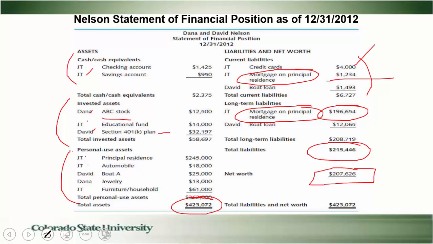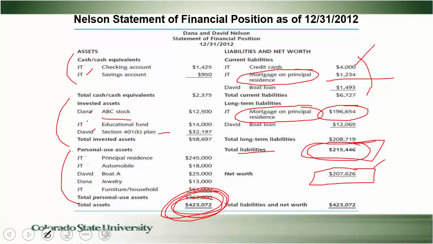So the net worth of Dana and David currently at the end of 2012 is $207,626, which means they have $207,000 plus dollars worth of assets here above and beyond their current situation with liabilities. So I about said current liabilities, but of course total liabilities is the better way to describe that.